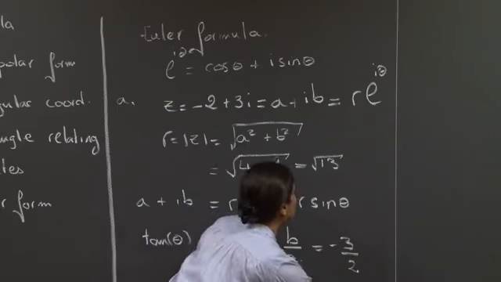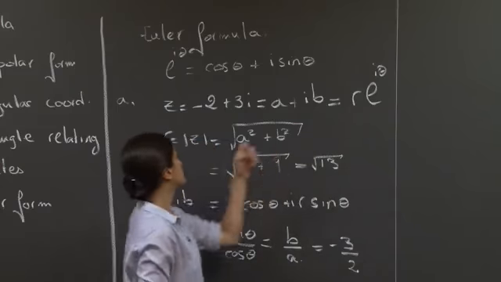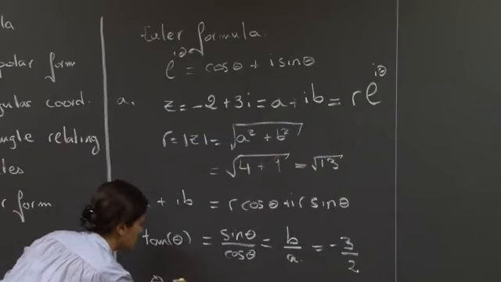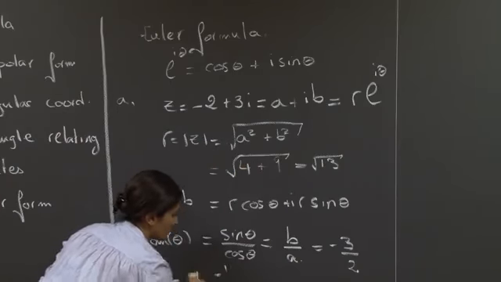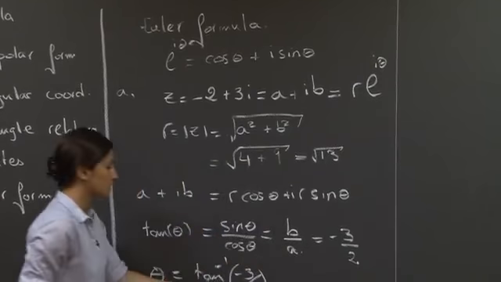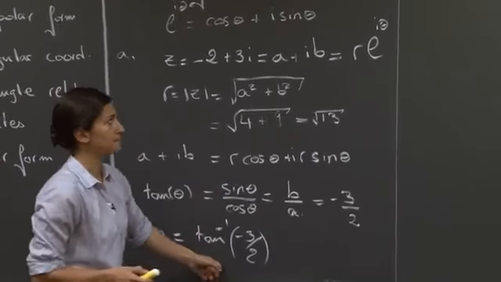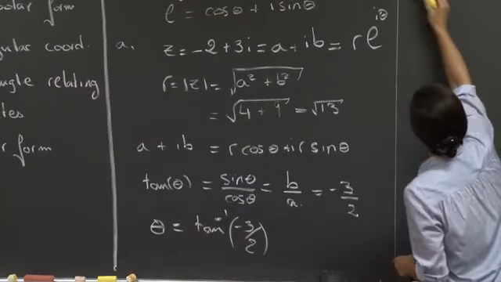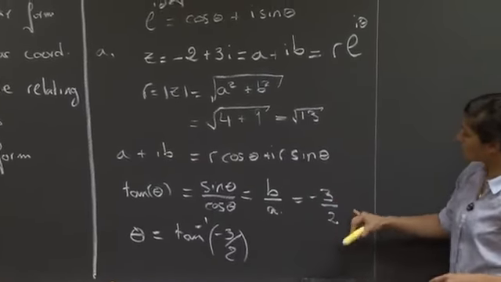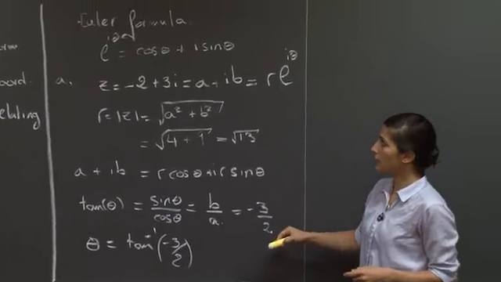So we have the modulus R, which is now root 13, and the angle theta that we can now extract by using the inverse of the tangent function. Just before we move to the next question, this is not one of the classical angles that you learned.